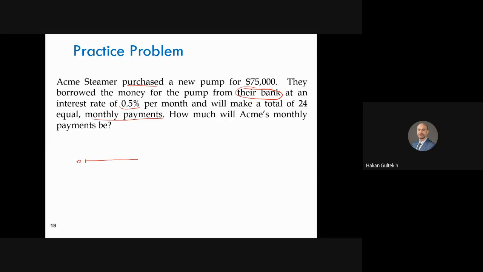When it says it borrowed the money, it means that the money is coming from the bank to your pocket. It's a cash inflow. So we will assume that this amount is a cash inflow, and this amount is 75,000. And then the company will pay this money back to the bank in 24 equal monthly payments.